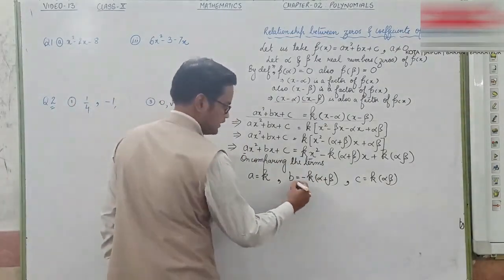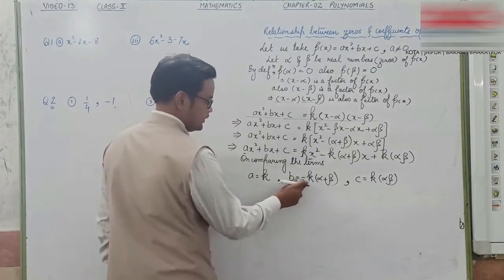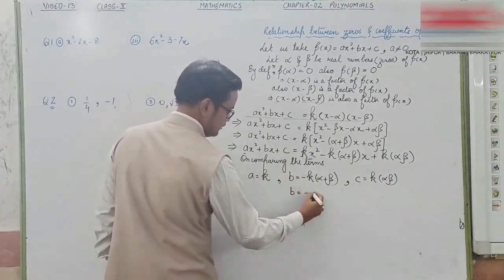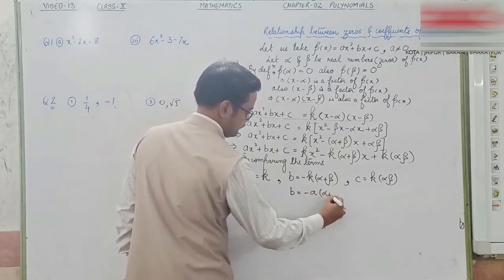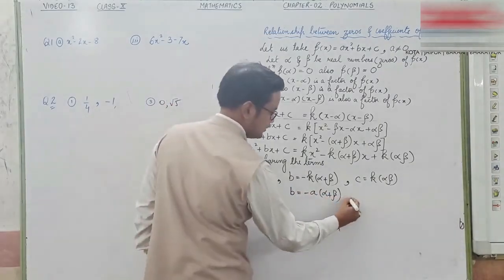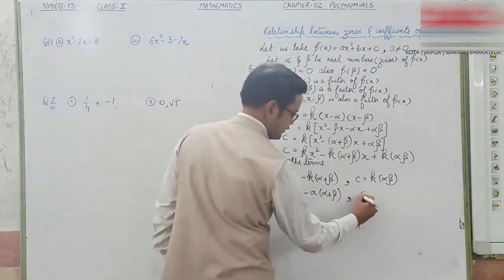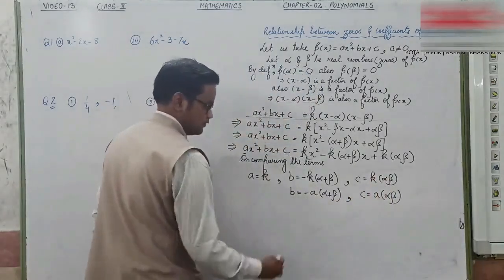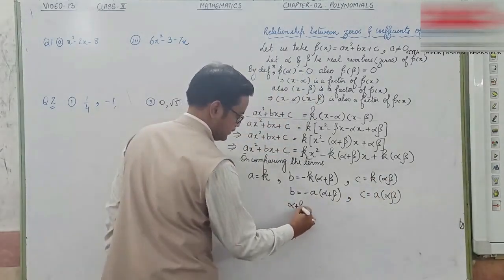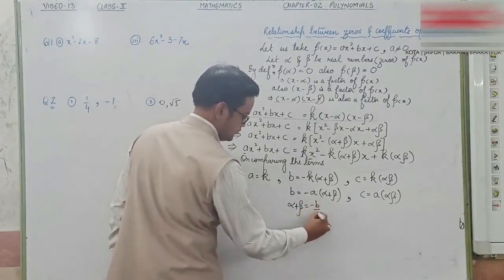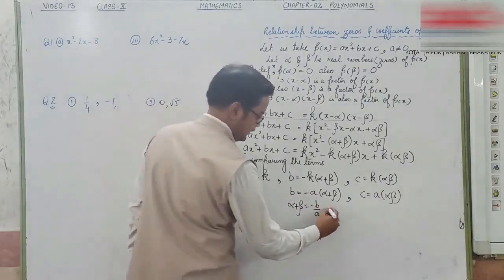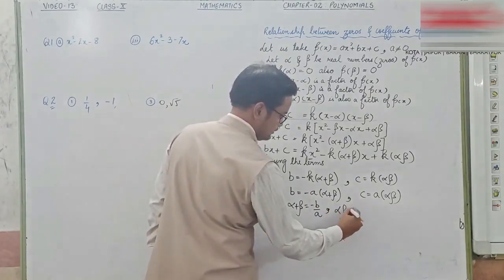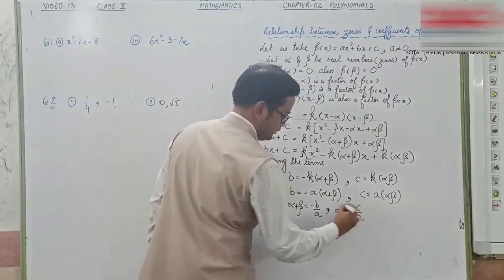So in this second term, in place of k, can I write a? Yes, into alpha plus beta. In the third term, in place of k, can I write a? Yes, of course, into alpha beta. So alpha plus beta is equal to minus b upon a, and alpha beta is equal to c upon a.